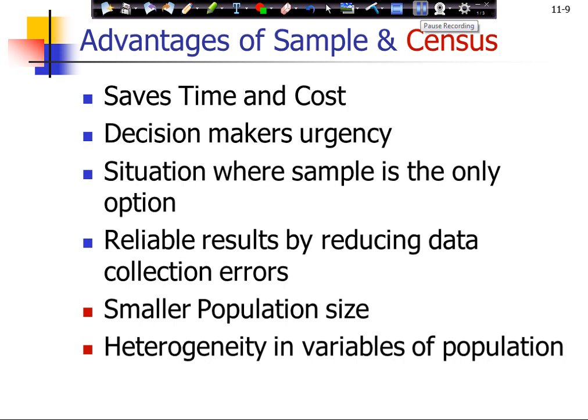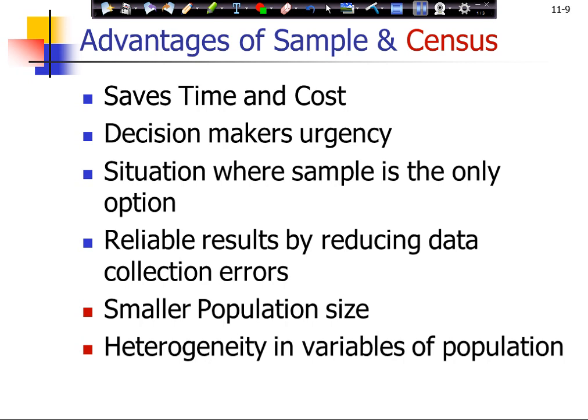Let's move ahead to the second point. Many times a decision maker may not have too much time to wait till all the information is available. Therefore, a sample could come to his rescue. Most of the times the decision maker doesn't have too much time to wait and take a decision, especially in times of contingencies and emergencies.